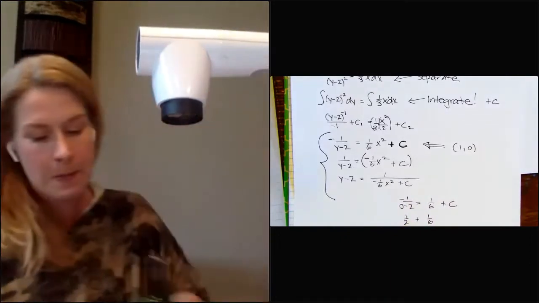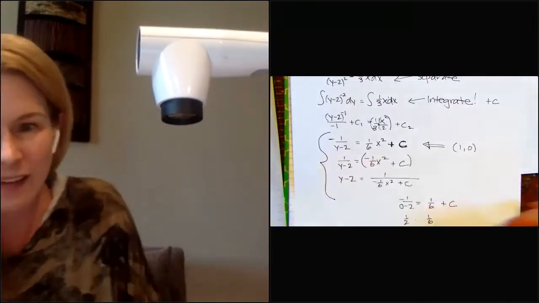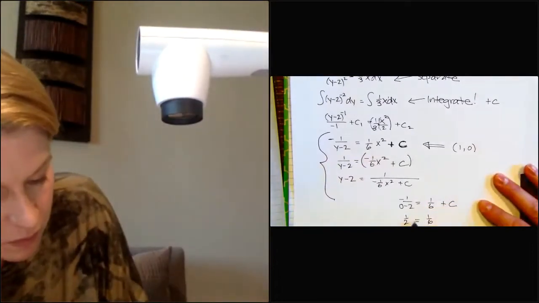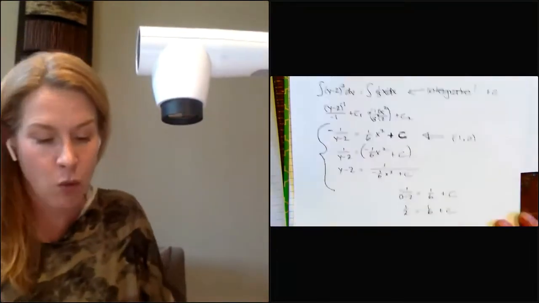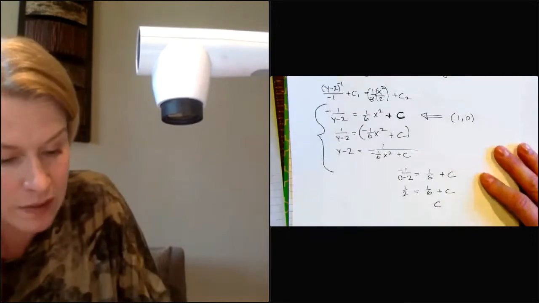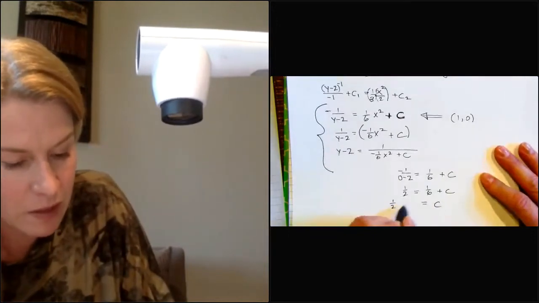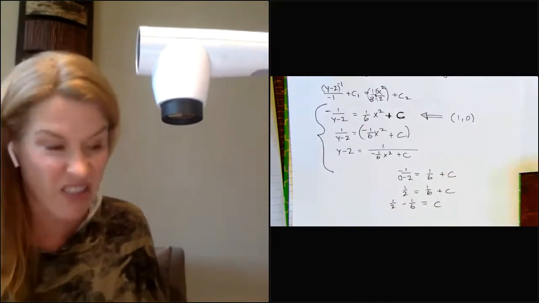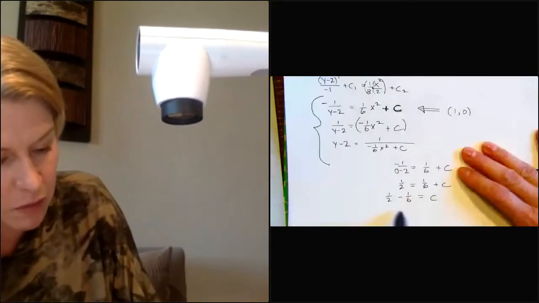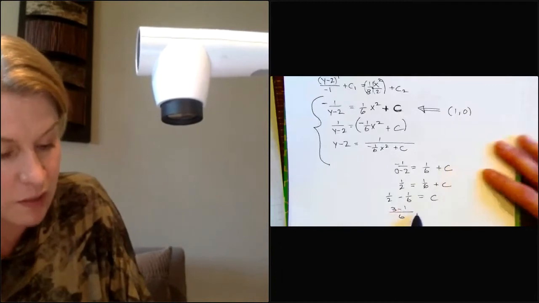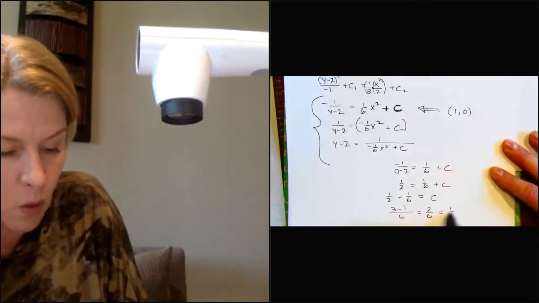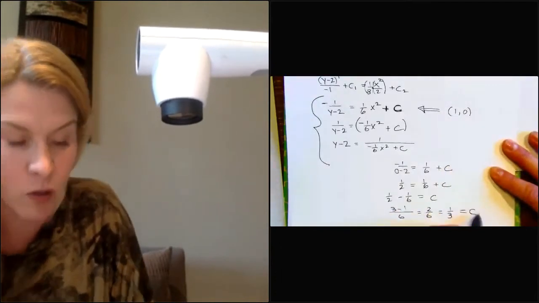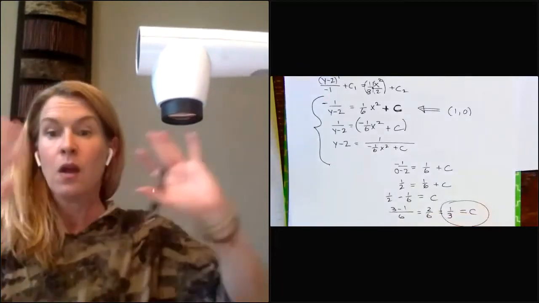Pardon me. Plus c. And of course, c is going to be 1/2 minus 1/6. And of course, this is no calculator, so we're thinking, okay, 6. That means I've got 3/6 minus 1/6, which is the same thing as 2/6, or 1/3. So our c value is 1/3.